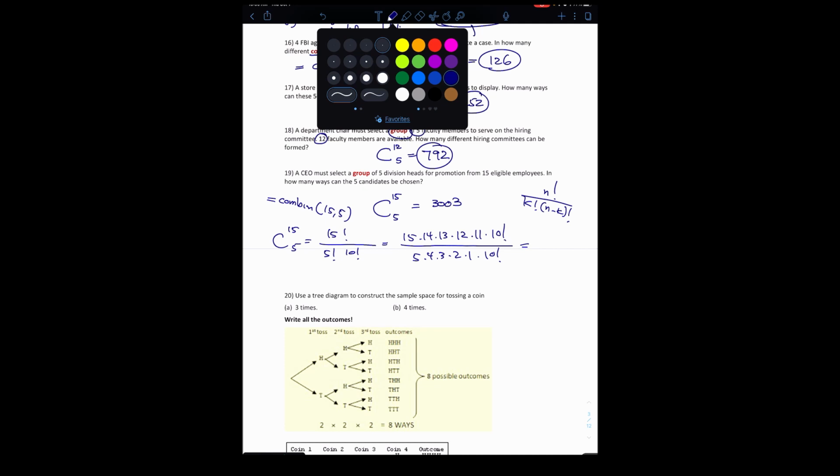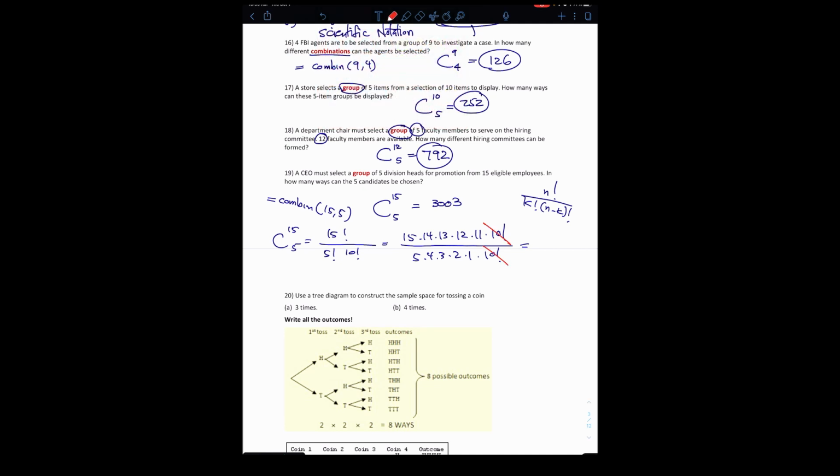The 10 factorials would cancel out, right? And then 5 and 3 is 15, which would cancel with the 15. 4 would cancel with the 12. 2 would cancel with the 14. So the answer would have been 7 times 13 times 3 times 11, which I'm sure will give you 3,003 if you multiply it out.